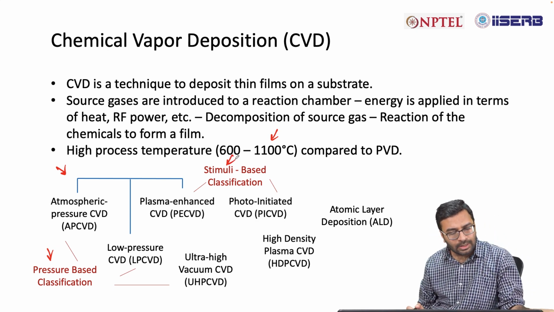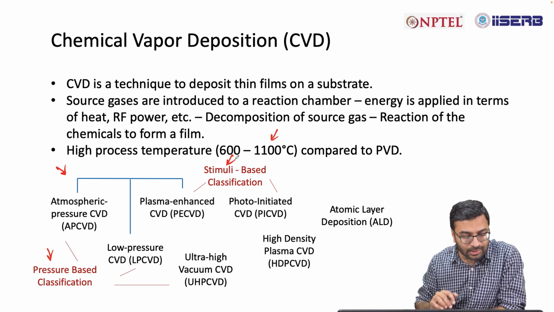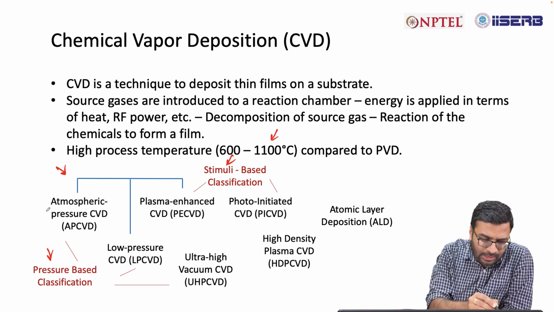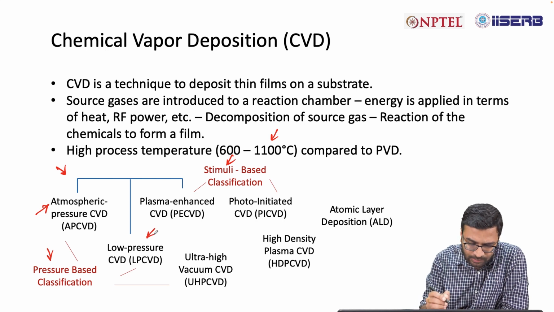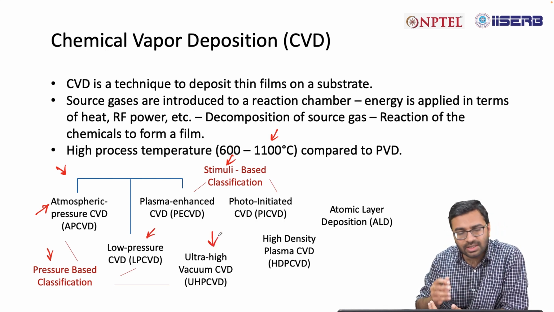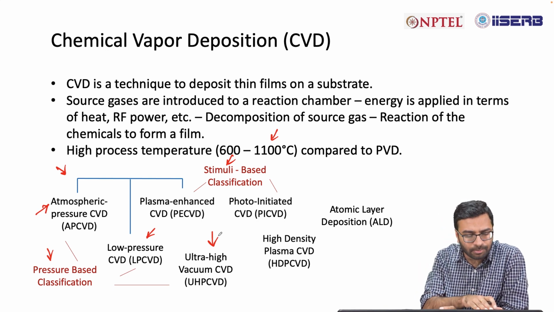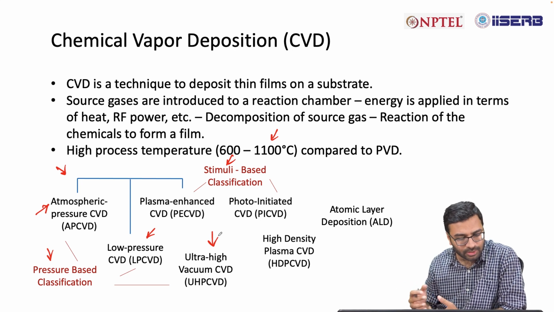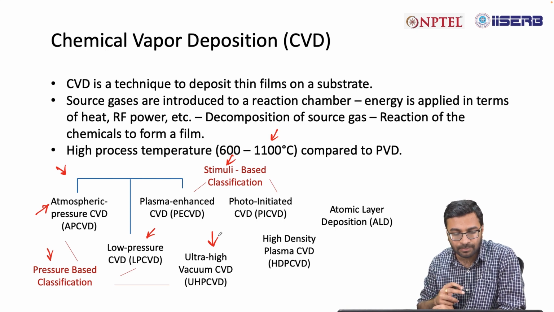So, as far as the pressure is concerned, you will see that CVD technique can be classified into atmospheric pressure CVD, low pressure CVD or ultra high vacuum CVD. I already have discussed this in the beginning of this lecture. So, based on pressure you can classify the CVD process. It can be atmospheric pressure CVD, low pressure CVD or ultra high vacuum CVD.